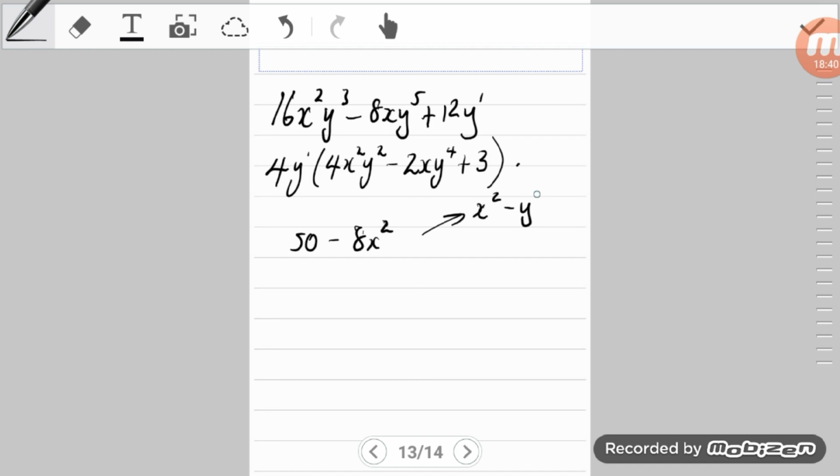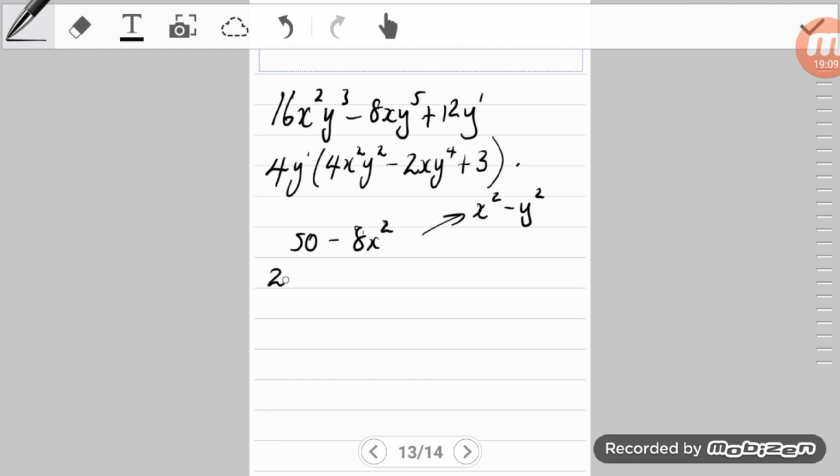Now the problem that we're having here, why it isn't immediately a difference of 2 squares, is because there is no number that you can actually square to get 50, and there is no number that you can square to get 8. But if you look carefully, there is a common factor that is divisible into 50 and 8, and that's clearly going to be 2.